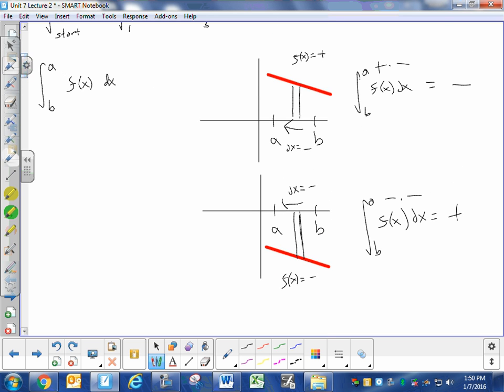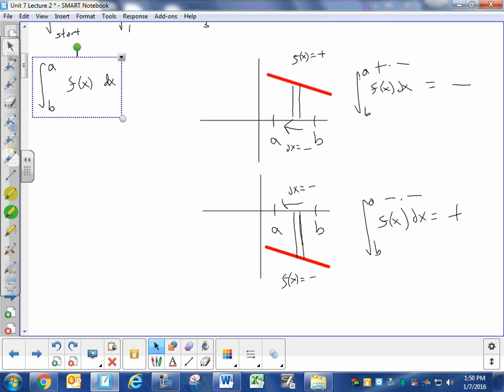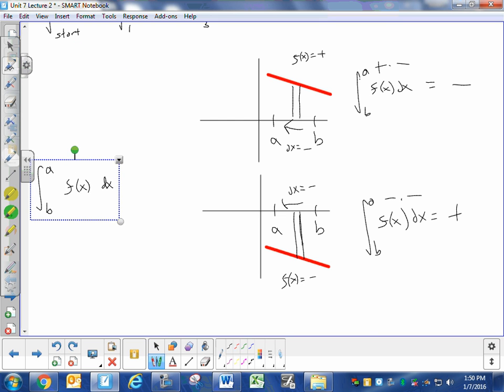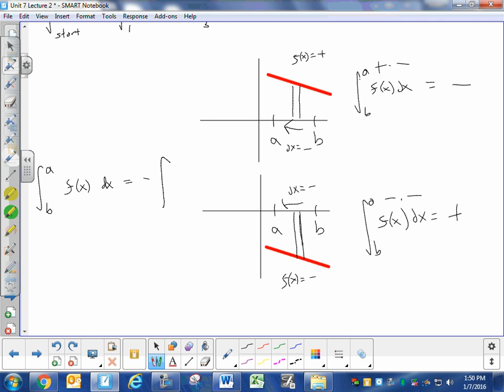The integral from B to A is equal to the opposite of the integral from A to B. This is the first property that you need to be aware of that you will use for certain questions. And all we're doing is different properties, and then we're going to do some example problems. You guys will get to practice. Okay, that's the first one.